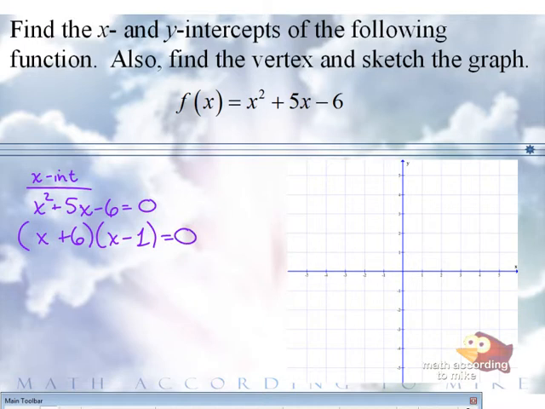If you set each factor to 0, what do you get for x? And good. So the nice thing about this is we already have 2 points along our x-axis. -6, which again does not fit on the graph, and +1.